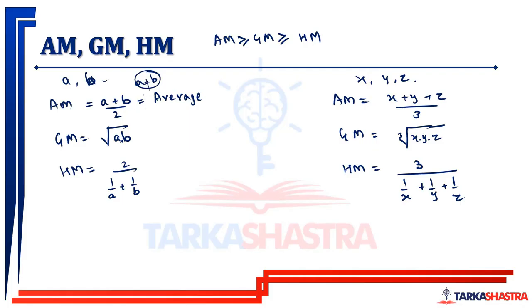But when they are not equal, then arithmetic mean will be greater than geometric mean, which will be greater than harmonic mean. So this is A plus B by 2, this is root AB, and this is 2 upon 1 by A plus 1 by B. So this is always greater. So this relation is there between arithmetic mean, geometric mean, and harmonic mean.